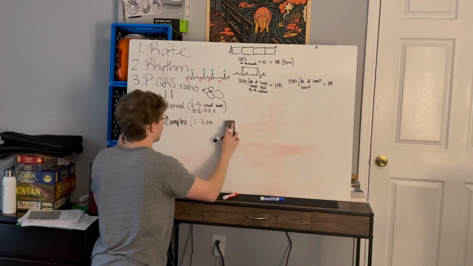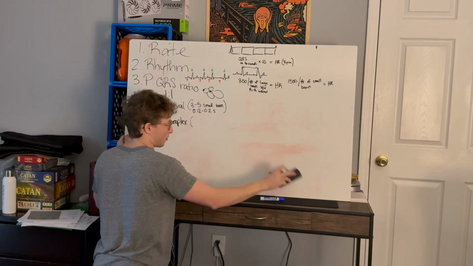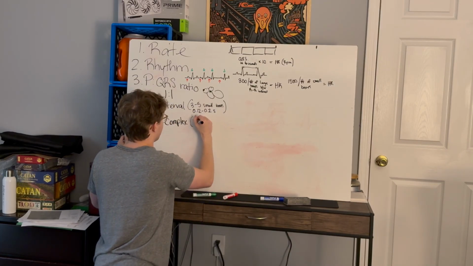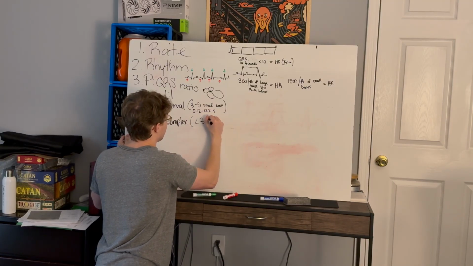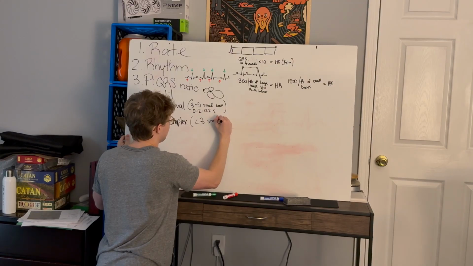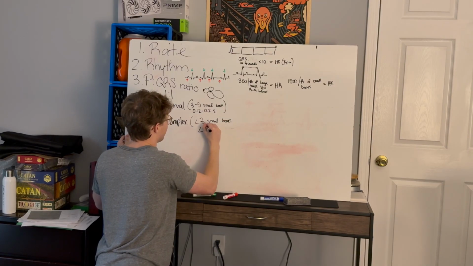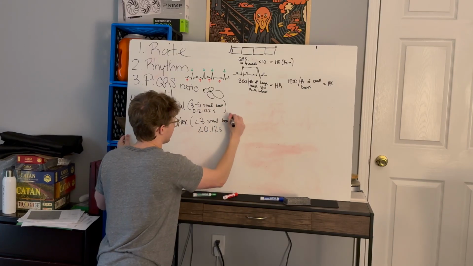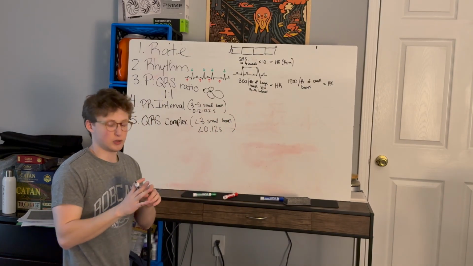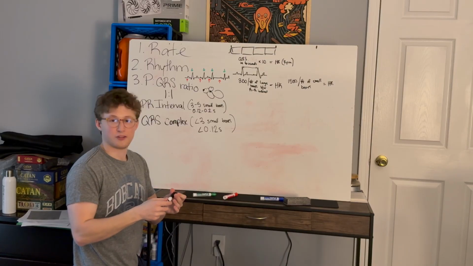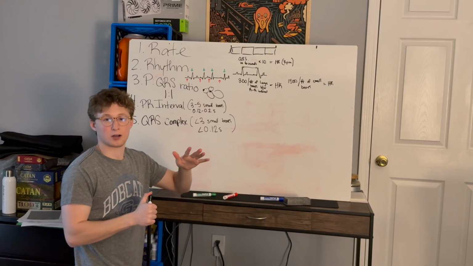Actually, don't even worry about looking at the lower number because it's not going to get below that. It should be less than 3 small boxes or less than 0.12 seconds. So before you even look at an ECG, you want to know everything we've talked about so far.